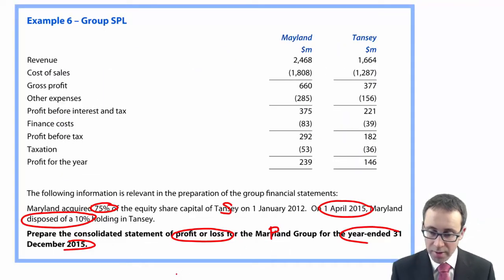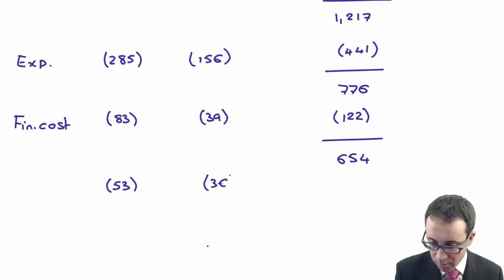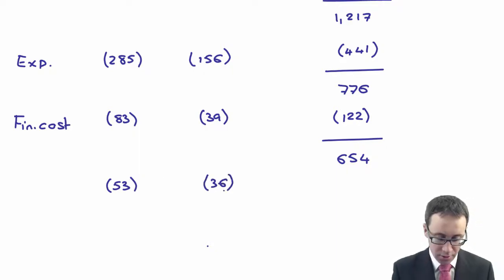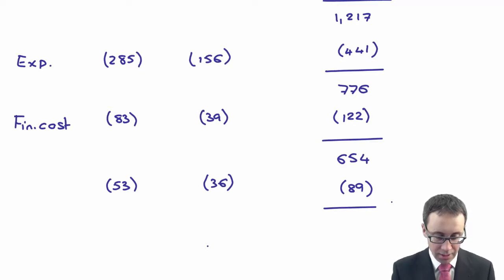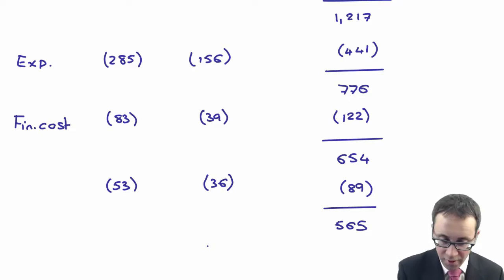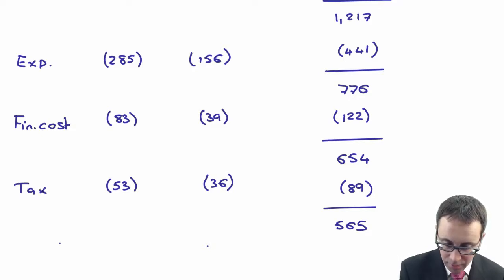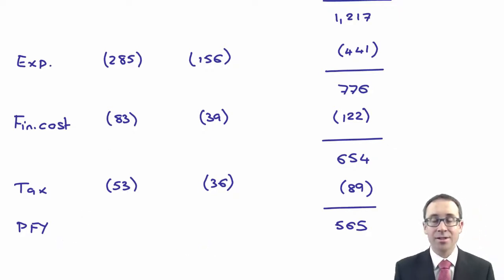If I'm going through there and looking at PBT, yep, tax 53 and 36. 53, 36 gives me 89. 654 less 89 gives me 565, doesn't it? So the group profit for the year is there as 565, isn't it? Okay.